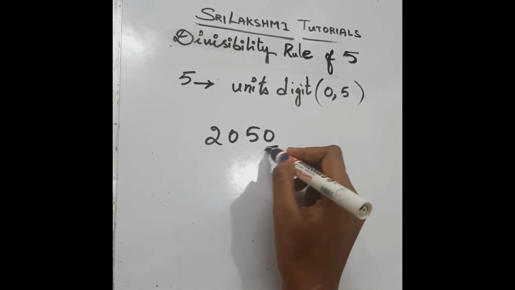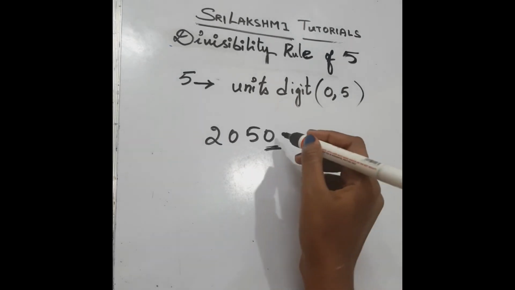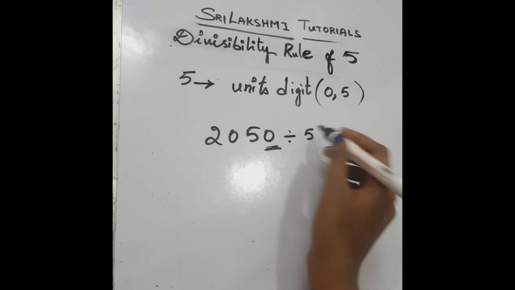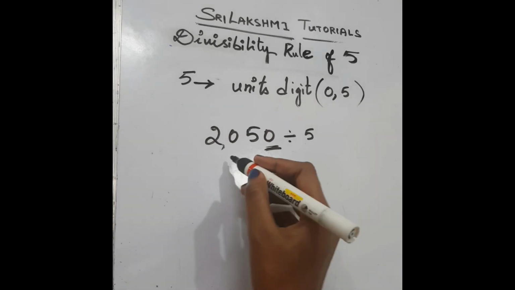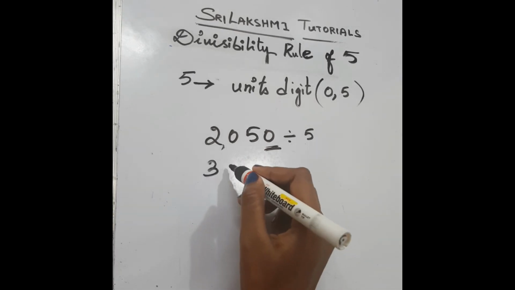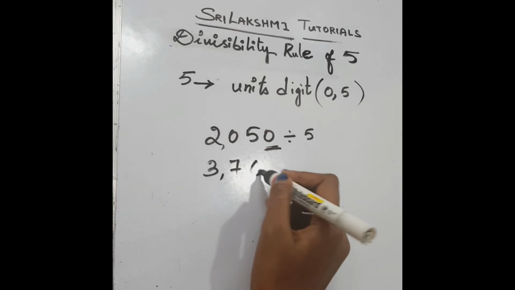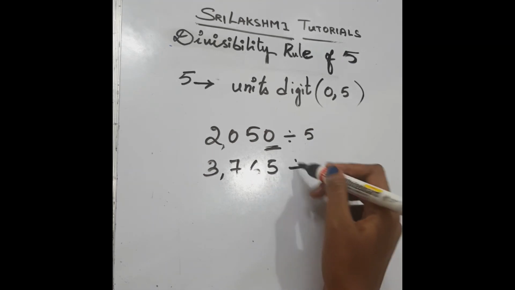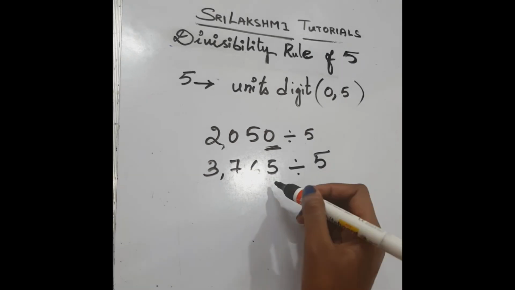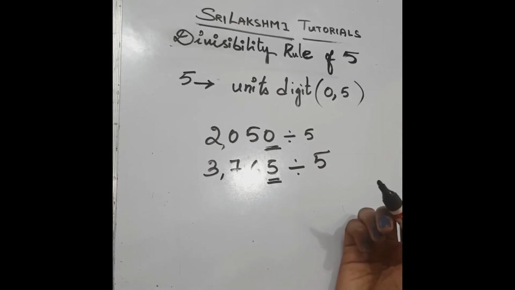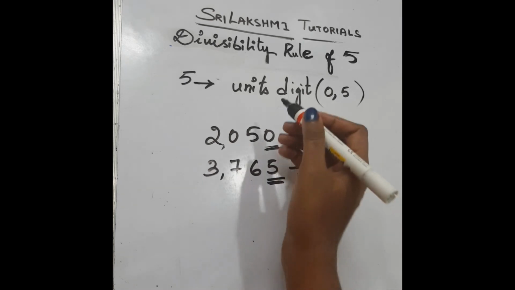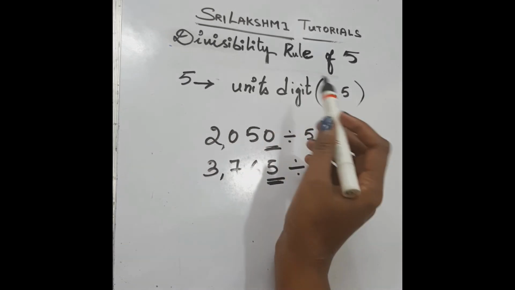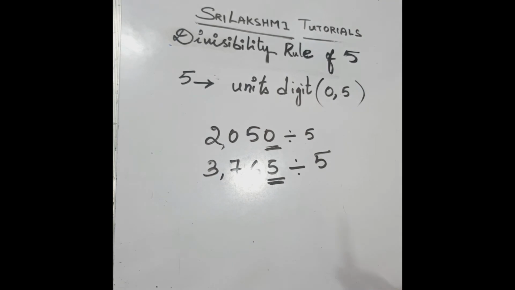In the units place you have 0, so this is divisible by 5. Now 3765. This number is also divisible by 5. Why? Because in the units place we have 5. So the given number is divisible by 5.